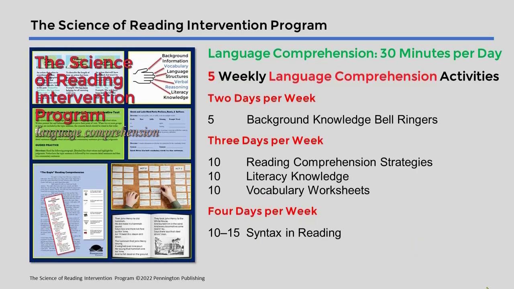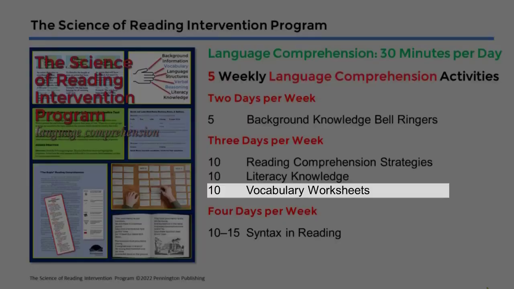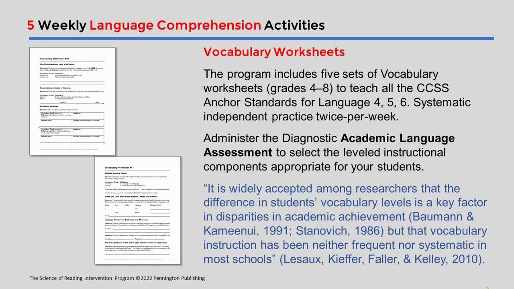The Science of Reading Intervention program provides 5 sets of vocabulary worksheets to help students master each of the Common Core vocabulary standards. Multiple meaning words, Greek and Latin morphology, figures of speech, word relationships, context clues, connotations, academic language words, and dictionary and thesaurus resource practice.